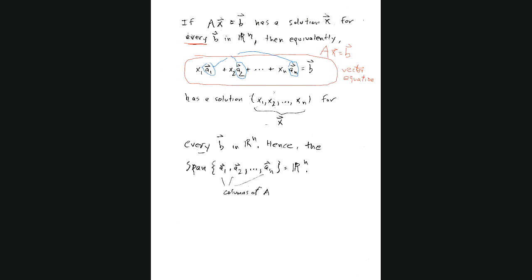The column vectors of A. That's right. So therefore, the span of the columns of A has to equal Rn. Absolutely beautiful.